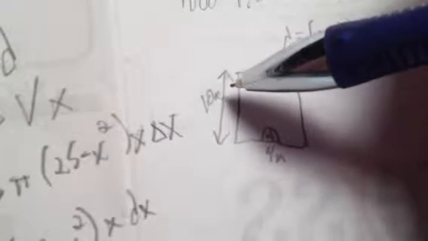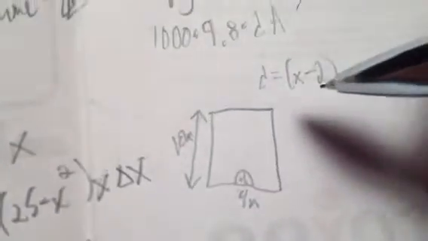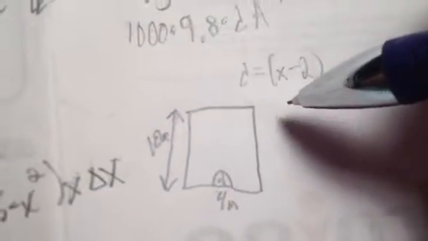Here's this. You're going to label this with X values. Your depth is going to be not this, this is wrong.